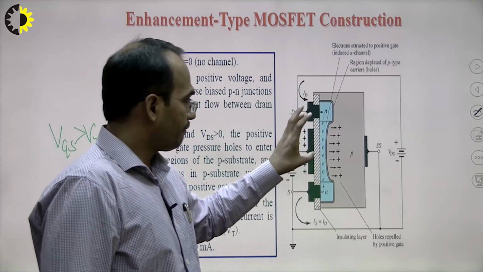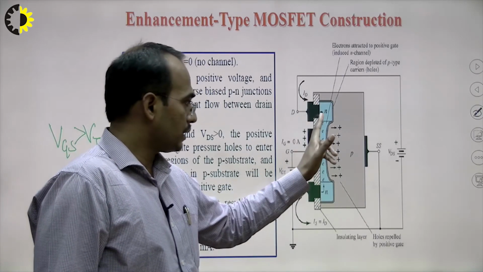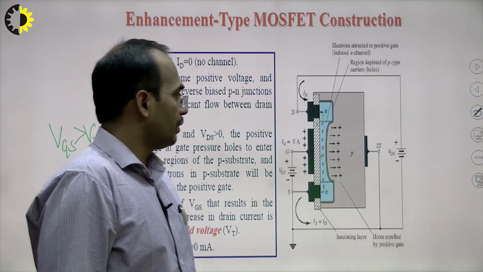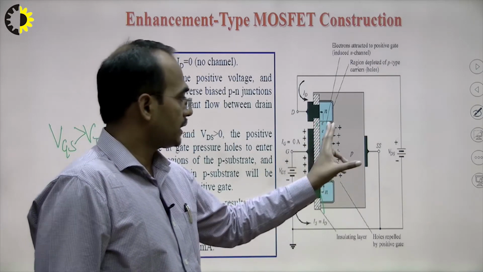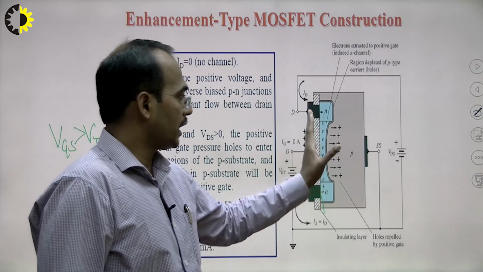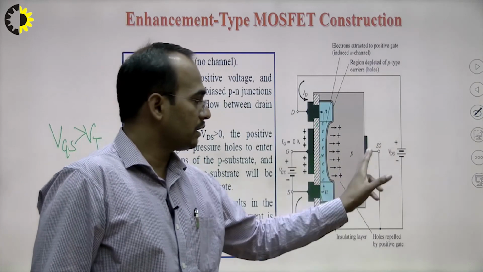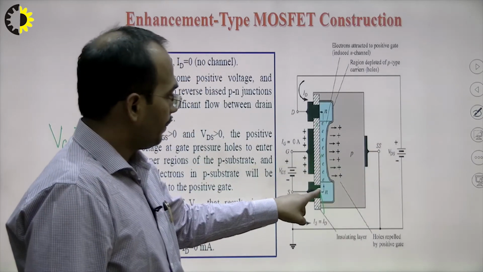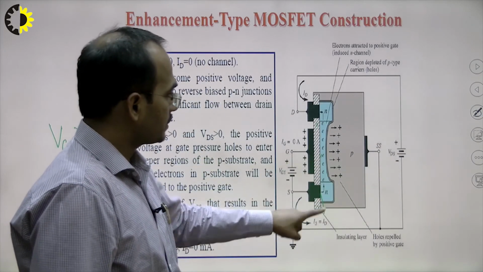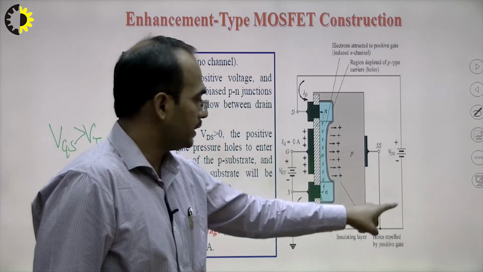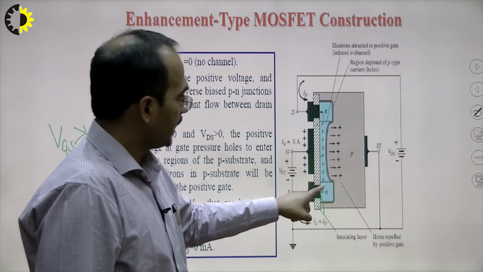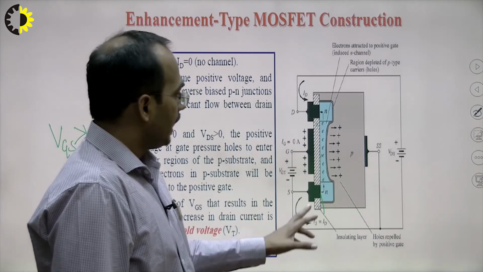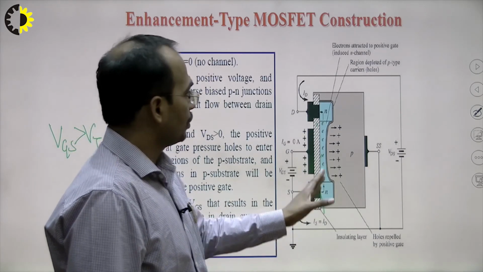After the existence of this inverted channel, or inversion layer, the charge carriers accumulate, and after that I will increase the drain to source voltage. By increasing it, the charge carriers repelled by the negative terminal will follow the inversion layer and move from source to drain terminal.